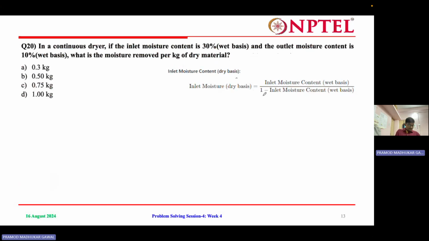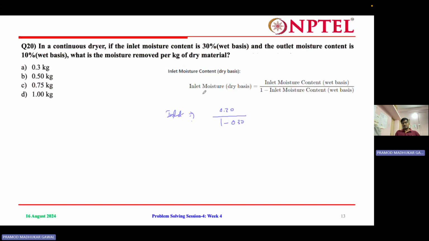So first calculate the inlet moisture on a dry basis based on that formula. So the inlet is equal to 0.3 divided by 1 minus 0.3.